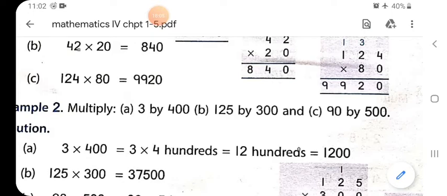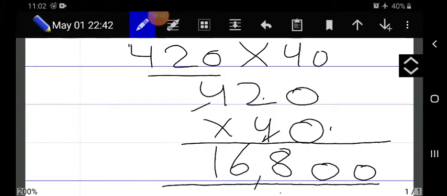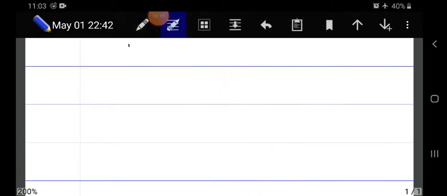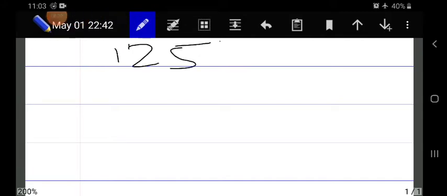Now you can see that we have to multiply a 3-digit number with a 3-digit number.